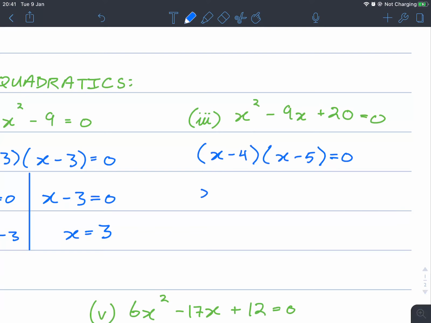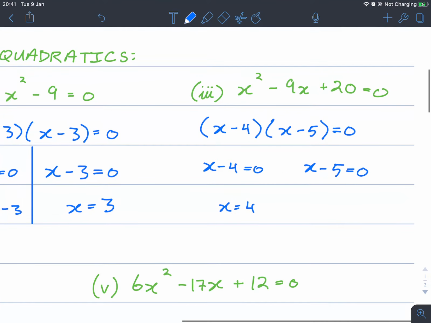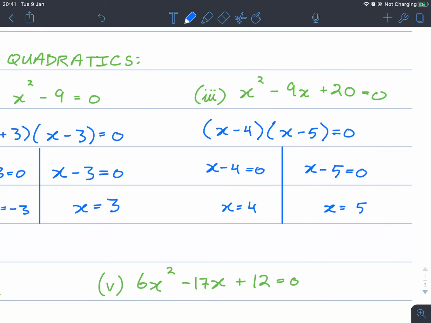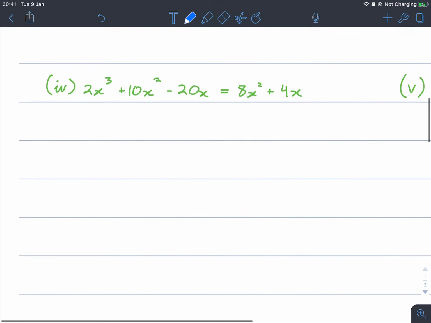And from this, once again, x minus 4 equals 0, x equals positive 4. X minus 5 is equal to 0, x equals positive 5. I always like to draw a little line in the middle just to separate my working. Okay, let's keep moving along.